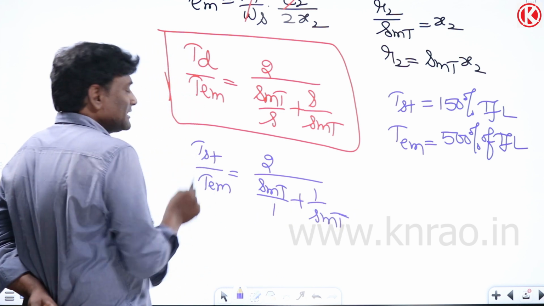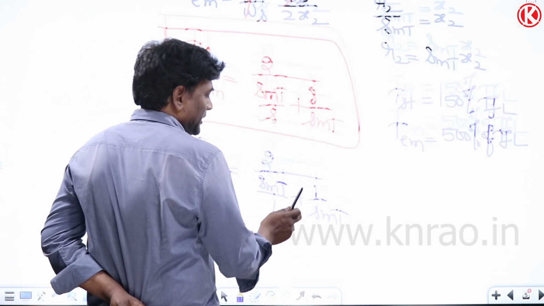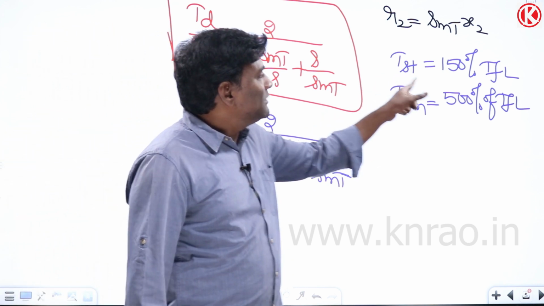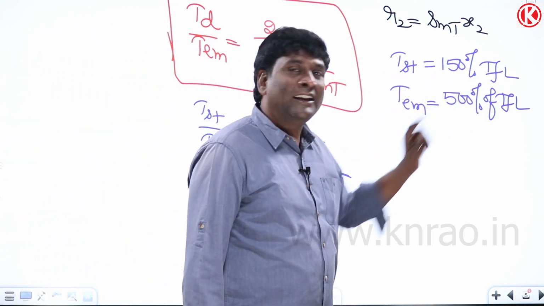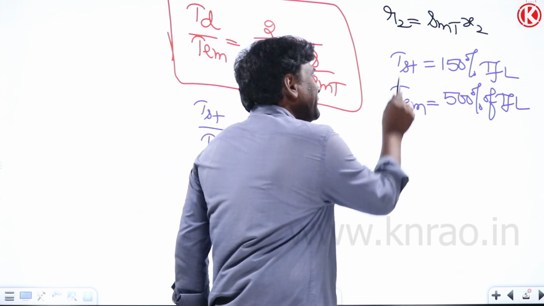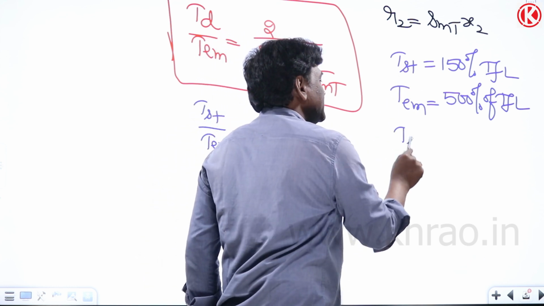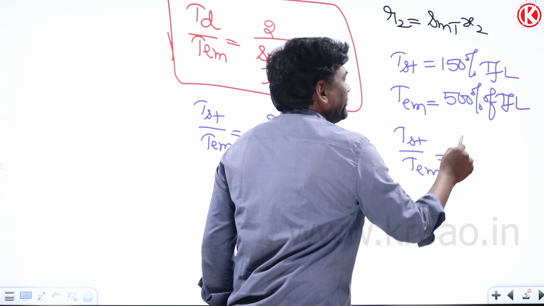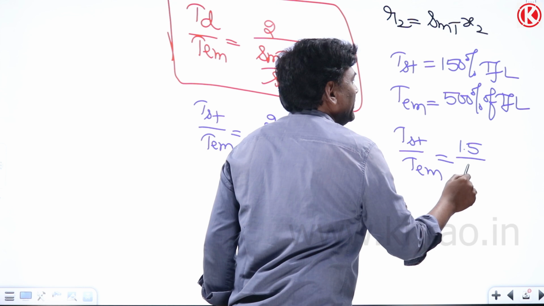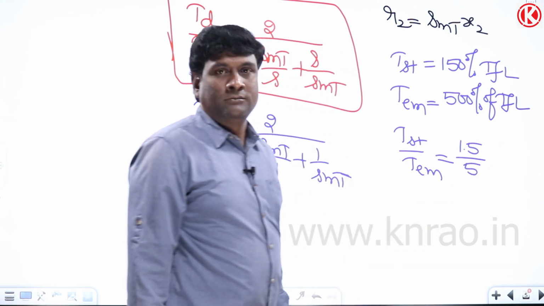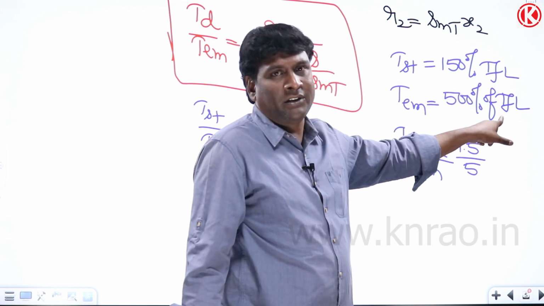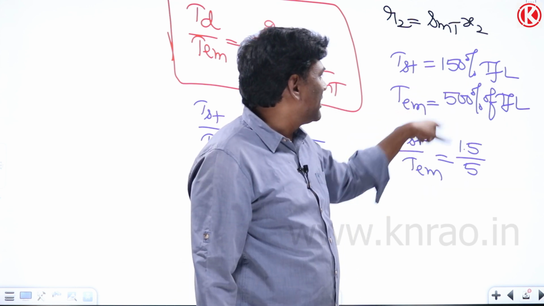So TST by TEM is 150% of TFL divided by 500% of TFL; TFL and TFL will cancel, and 1.5 divided by 5 will come.